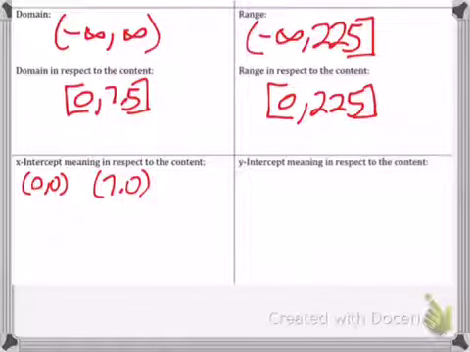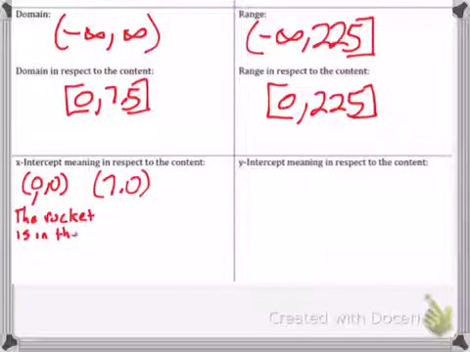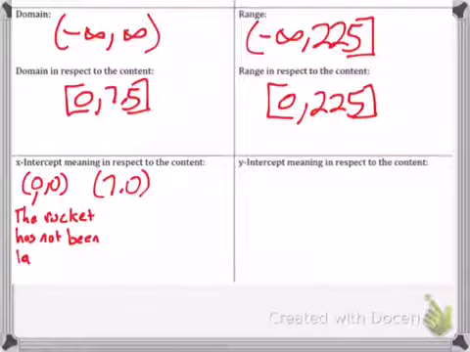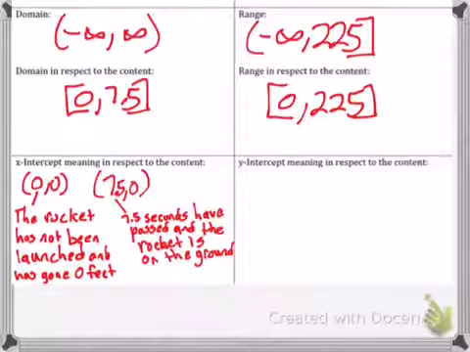And what does that mean in context? 0, 0 means the rocket has not been launched and has gone 0 feet. 7.5 and 0 means 7.5 seconds have passed and the rocket is back on the ground.